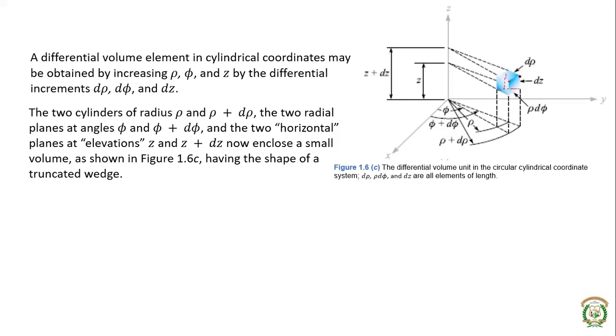This length is d rho, because it's in the radial direction. We are increasing the radius by d rho, so that length is d rho. In the top direction, you are increasing it by z plus dz, so that length is dz.